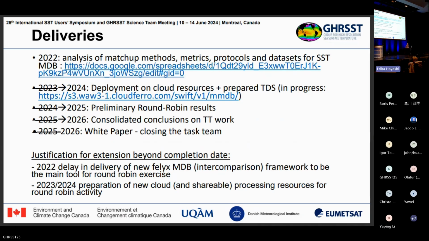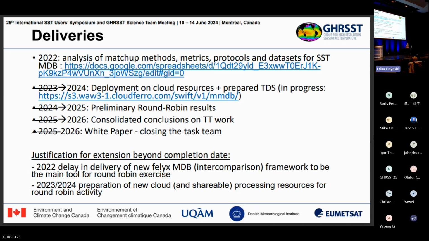So these are the deliveries that have been produced so far. As I mentioned before, the first document is the collection of tools and so on that have been collected in the first task.